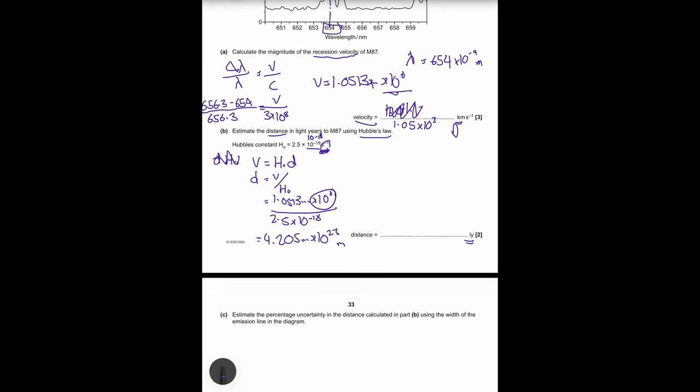When it's asking me for it in light years, I'm always, like we said before, checking those units. So I look at my formula sheet for the conversion of light years, and then I know I've just got to divide the number that I've just worked out by 9.5 times 10 to the 15, and I'll put that in my calculator, and the answer that you should be getting is 4.4 times 10 to the 7.